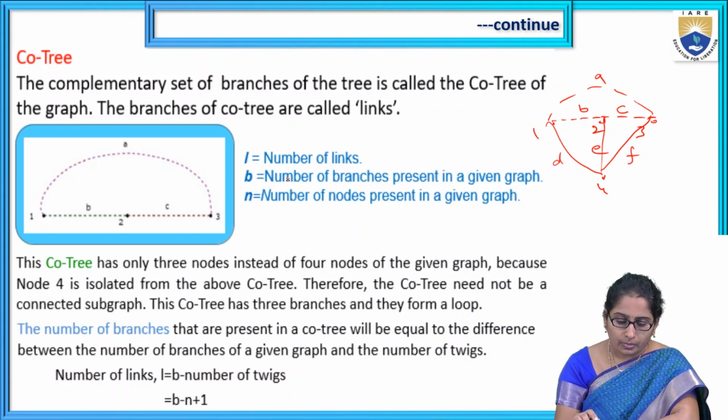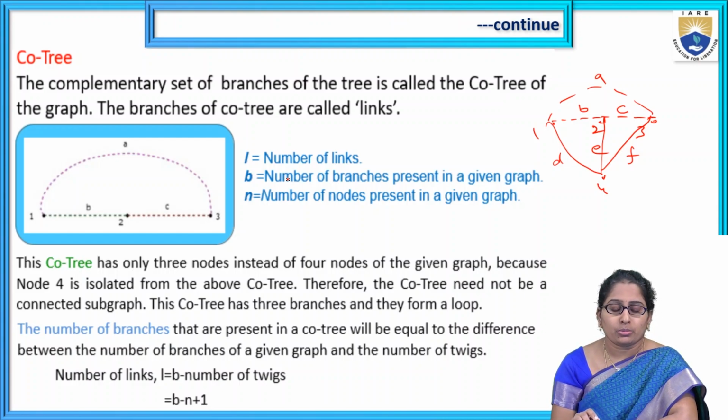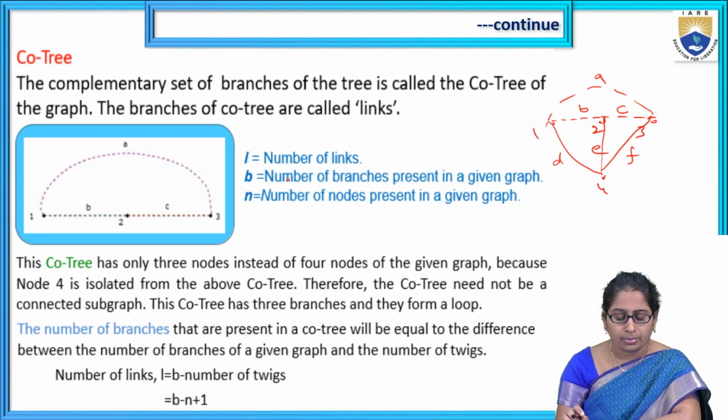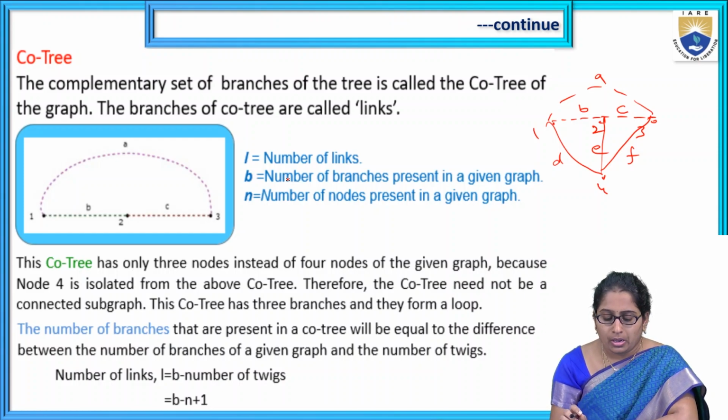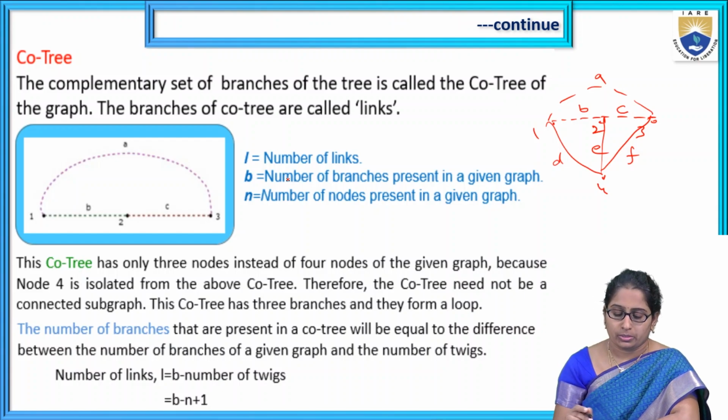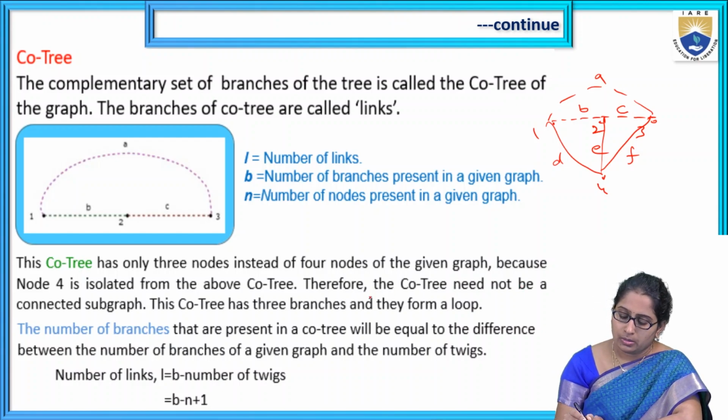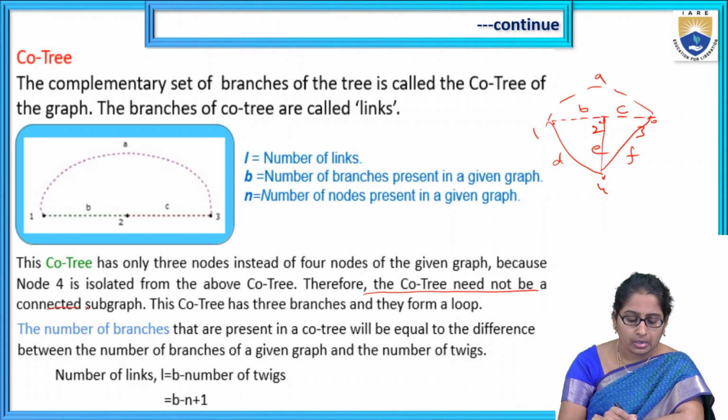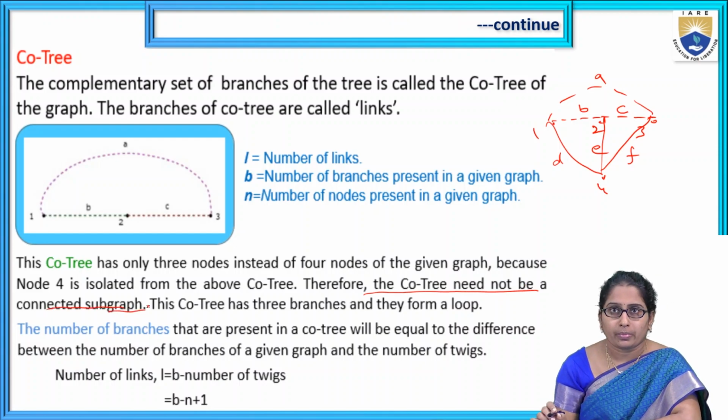Now this co-tree has only 3 nodes instead of 4 nodes of the given graph, because node 4 is isolated from the above co-tree. Therefore, a co-tree need not be a connected subgraph. That is a point. This co-tree has 3 branches and they form a loop.